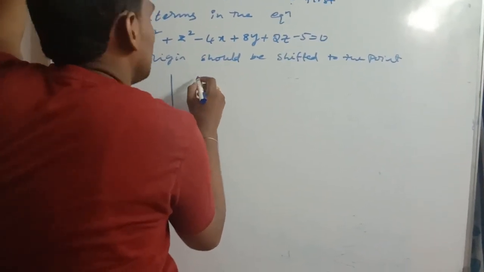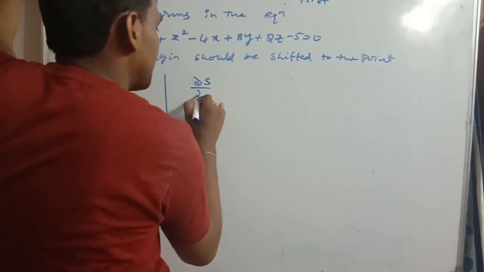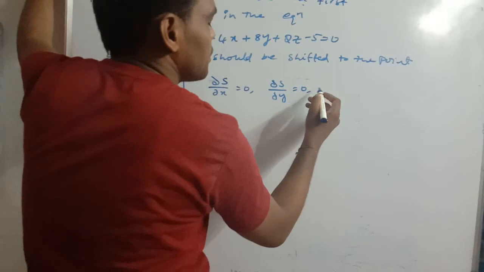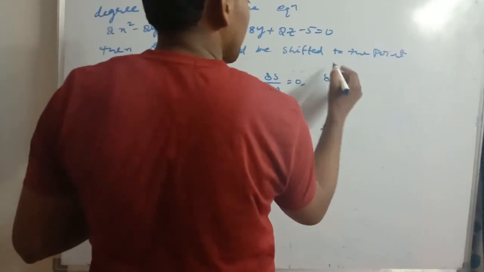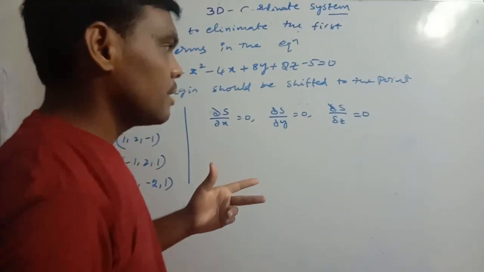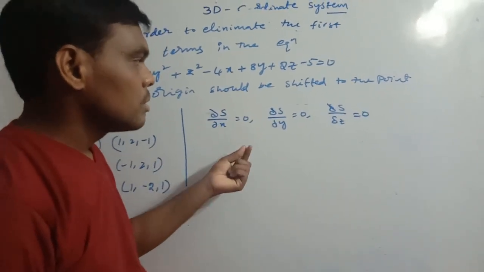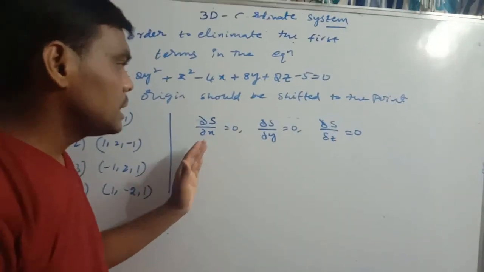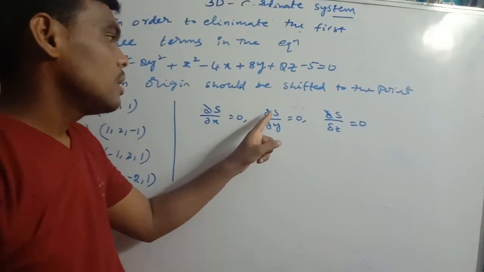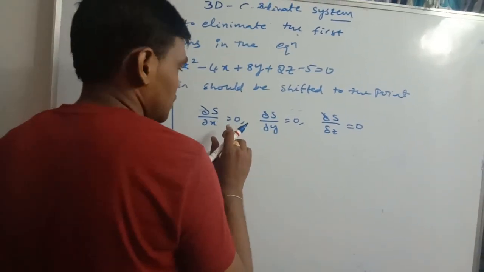Now here this is a new topic of the chapter, but one of the important points. Now here we need dou s by dou x is equal to 0, and dou s by dou y is equal to 0, and dou s by dou z is equal to 0. Now, the difference between differentiation and partial differentiation.